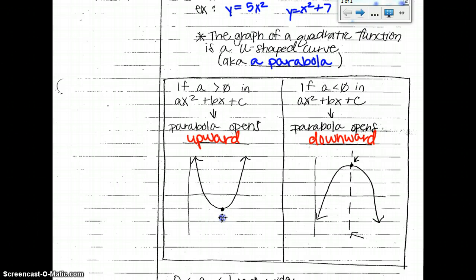Okay, looking here at our arrow, if you have a parabola that opens up when a is greater than 0, then you have a minimum value. In a parabola that opens downward, you would have a maximum value.